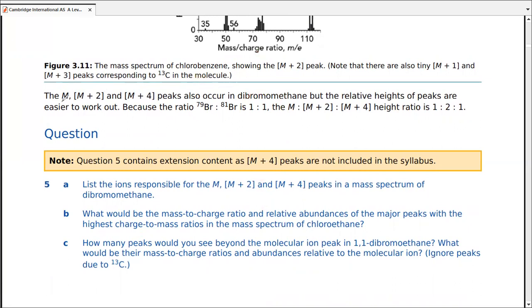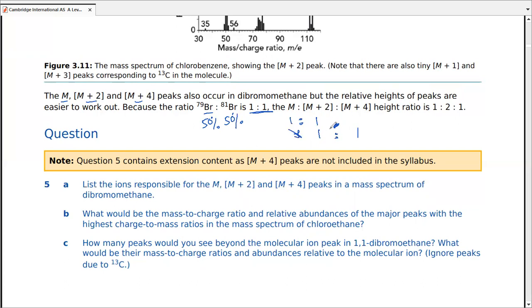Okay. So now M, M plus 2, and M plus 4 for the bromine-bromine ratio. Now the ratio is 1:1 because this is 50% and this is 50%. Now this would be M plus 2, that would be 1:1, and then 1:1.